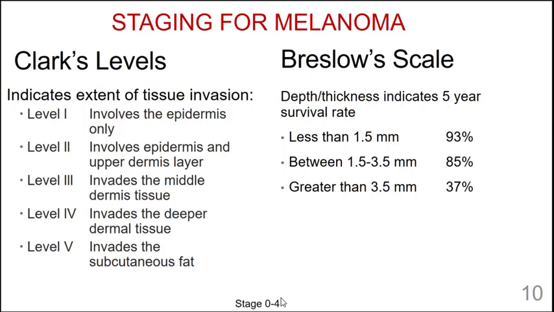And that's where we're getting into stage 4 cancer, where survival goes down quite substantially. And combining your Clark's levels and your Breslow's scale can be used again to stage a person's cancer from being stage 0 to stage 4. So really in situ to metastasized.